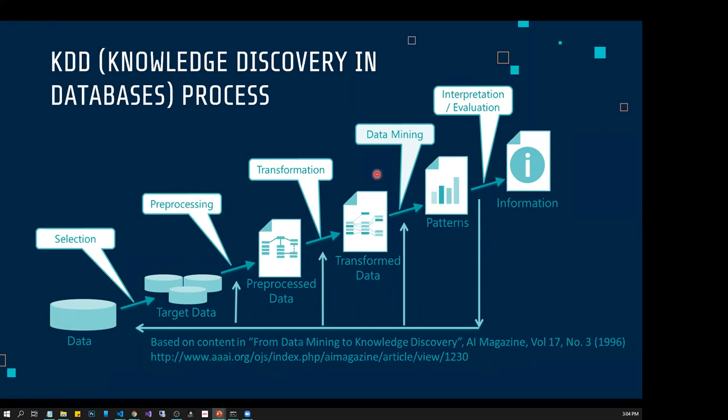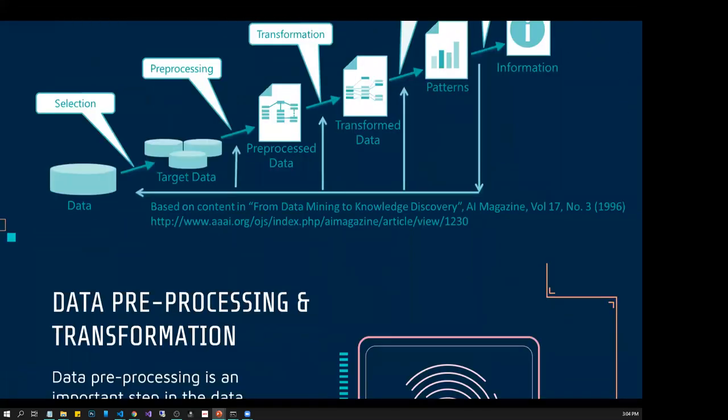Right? You can see this machine learning actually comes under the data mining process. And you have to know that before data mining, you have to do these two things, pre-processing and transformation and selection as well, if you have some garbage data. So we have to do that as well. I will try to explain that as well.